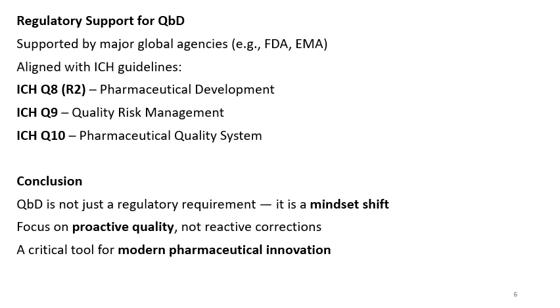Then regulatory support for QbD. Regulatory guidelines are there from USFDA, EMA and ICH. ICH Q8 guideline is for pharmaceutical development, Q9 is for quality risk management, and Q10 is for pharmaceutical quality system. All these guidelines are very important and are the basics for the QbD concept.